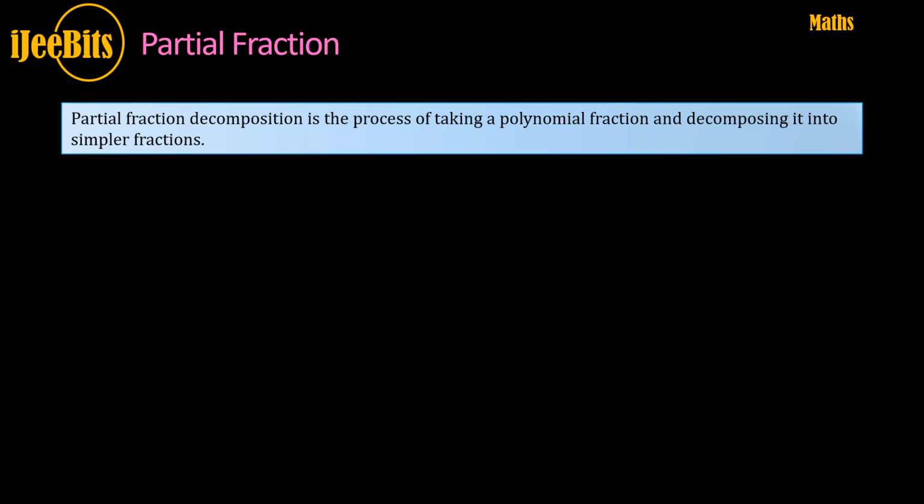So let's talk about partial fractions. Let's say we have a proper fraction, which means what we discussed. Let's say we have f of x and g of x. If you divide f of x over g of x and get some kind of quotient, then this is called a rational fraction.